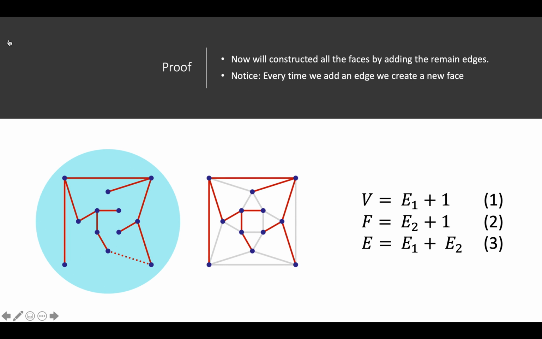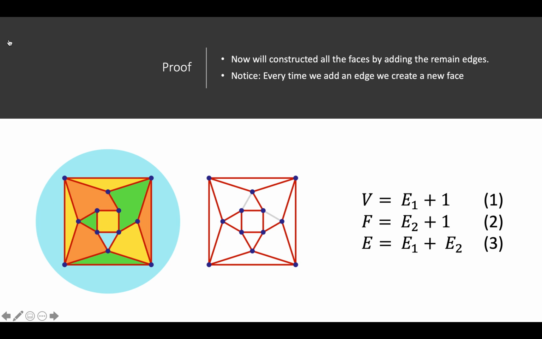Now we're going to use our partially constructed Schlegel diagram and the remaining edges that we haven't filled in to try to figure out how many faces we have in terms of how many edges we haven't filled in. What we need to notice is that starting from our partial Schlegel diagram, as soon as we add one more edge, we create a region. Remember, regions are in one-to-one correspondence with faces.